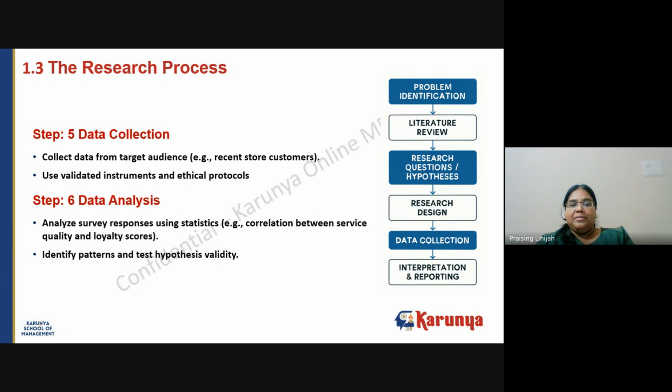And of course, when we do this, we also have to follow the ethical protocols to ensure respect for participants. When we work on the questionnaires, we'll deal with this in detail, but just to point out, following the ethical protocol is mandatory when we collect data.